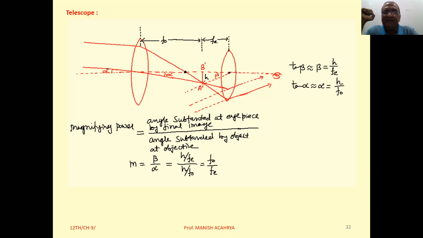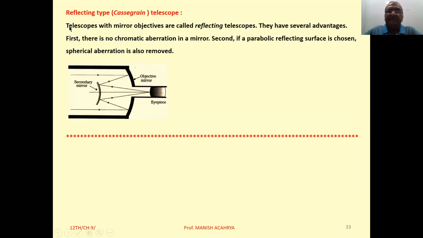Cassegrain developed the reflecting type telescope, and see, this is the reflecting type telescope, that is the Cassegrain telescope. In that there are two mirrors. The objective mirror is a concave mirror.